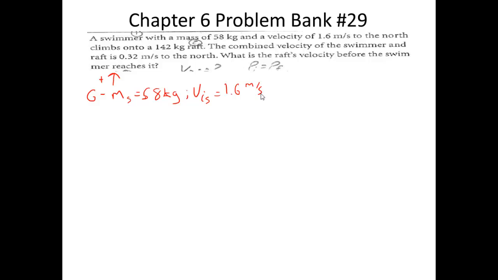The mass of the raft is equal to 142. And the final velocity is equal to 0.32 meters per second. And our unknown is the initial velocity of the raft.